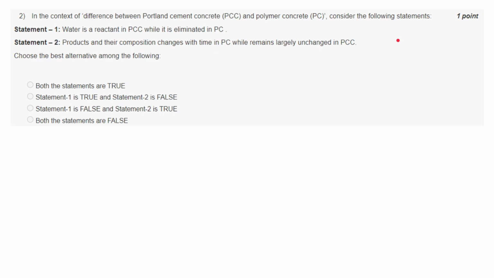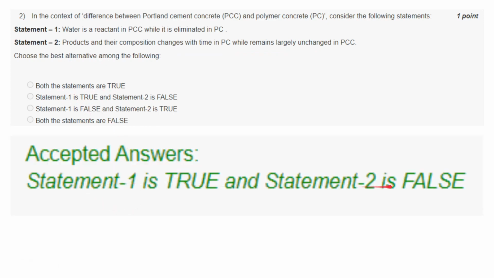Sorry, it is constant with PC, so it changes with PCC. It does not remain unchanged. So 2 is false. So 1 is true and 2 is false. So basically the second option is correct.